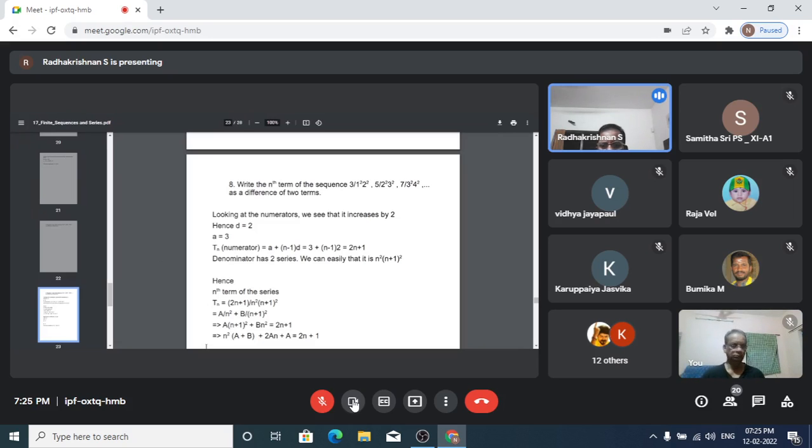So we can write it as a by n square plus b by n plus 1 the whole square, and find out the values of a and b.